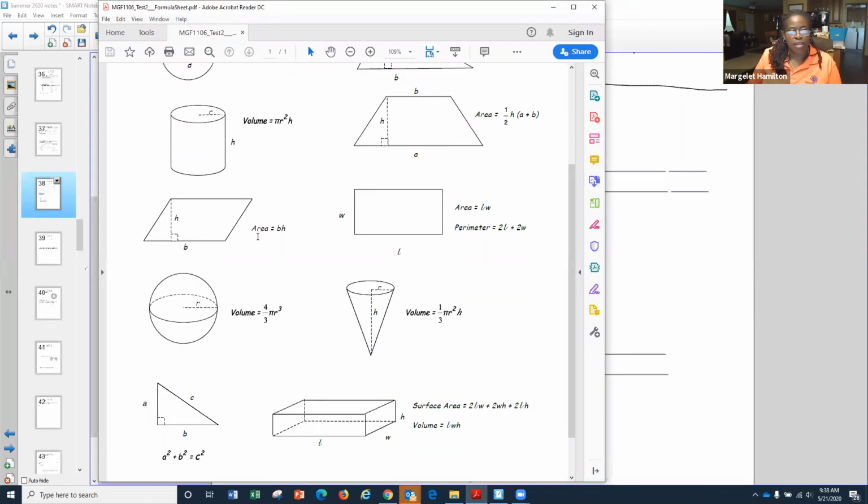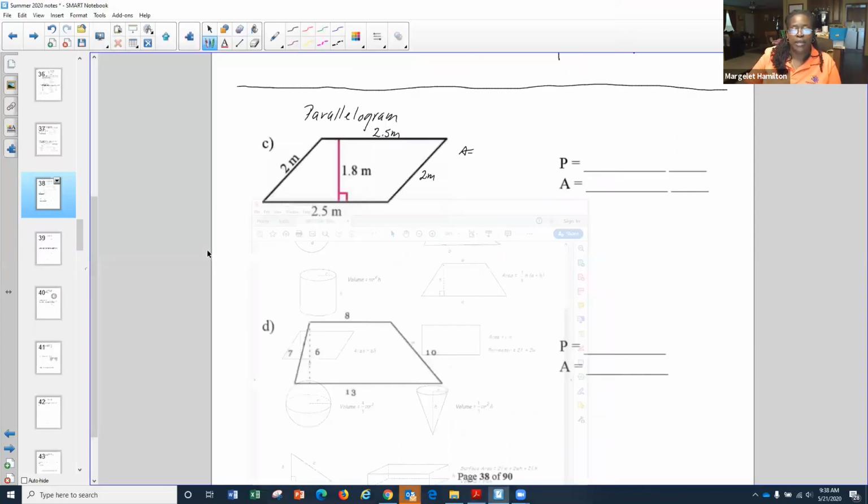All right, the area for our parallelogram is base times height. Here's our height and the base of our shape. So base times height. All right, we're ready to find it. So we have P equals and A equals.